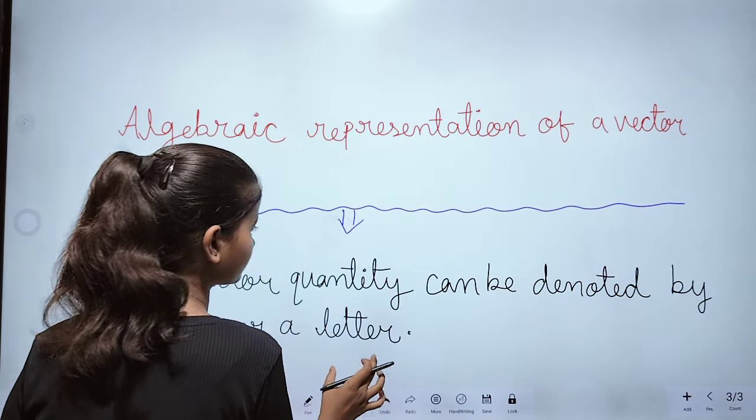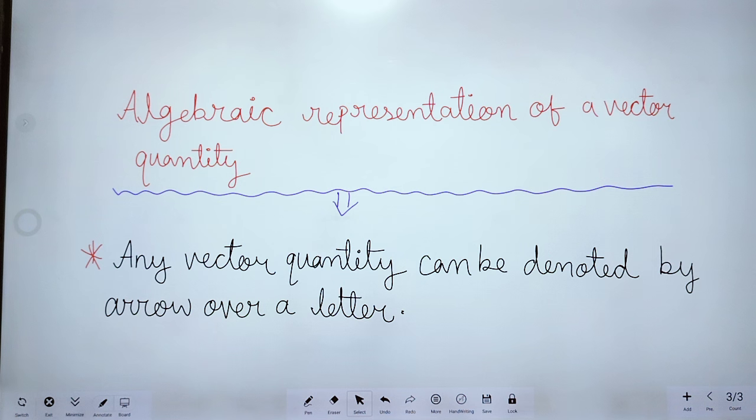Okay, so the first point is that any vector quantity can be denoted by an arrow over a letter.